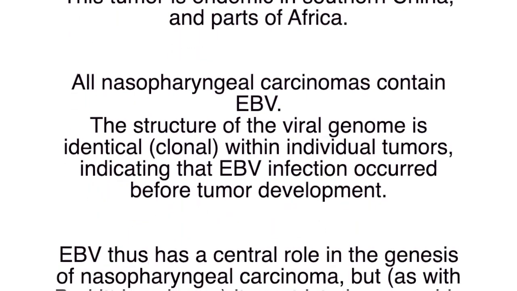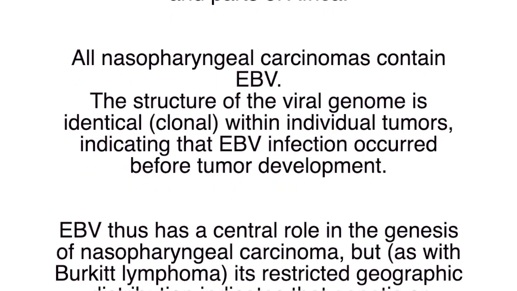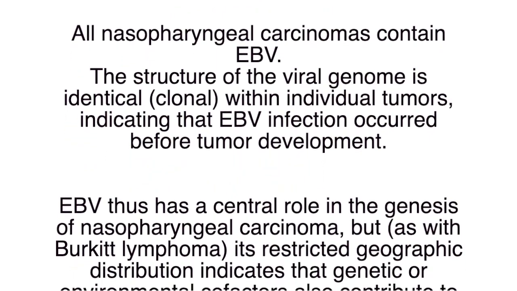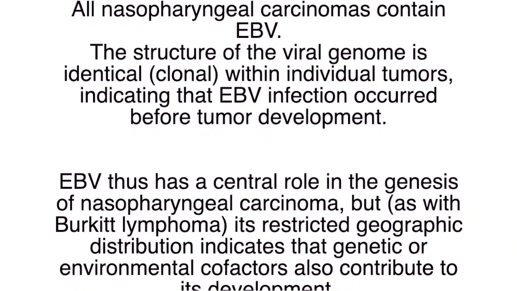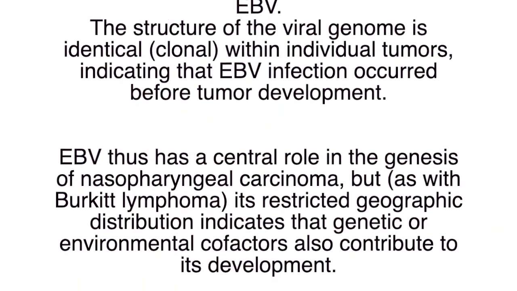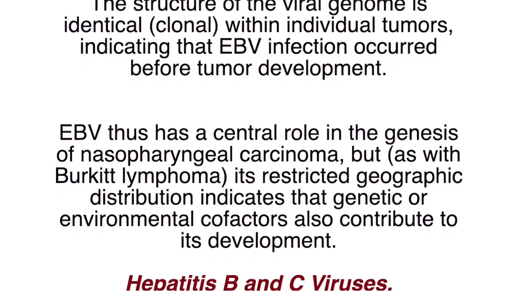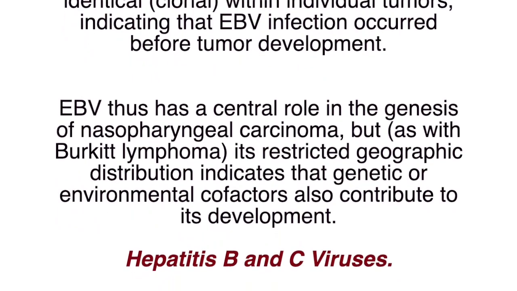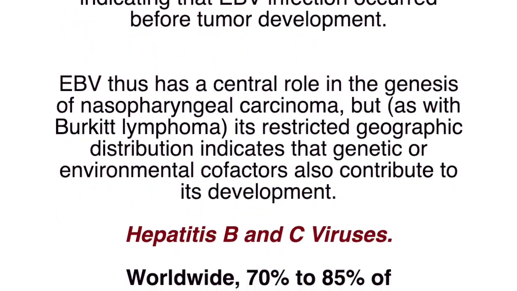EBV thus has a central role in the genesis of nasopharyngeal carcinoma, but as with Burkitt lymphoma, its restricted geographic distribution indicates that genetic or environmental cofactors also contribute to its development.